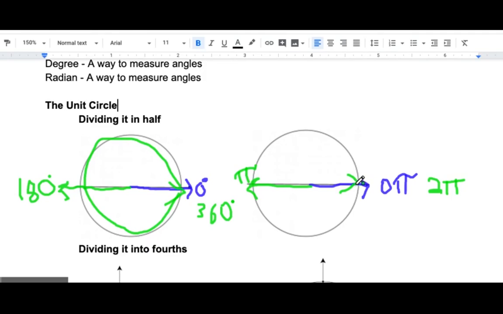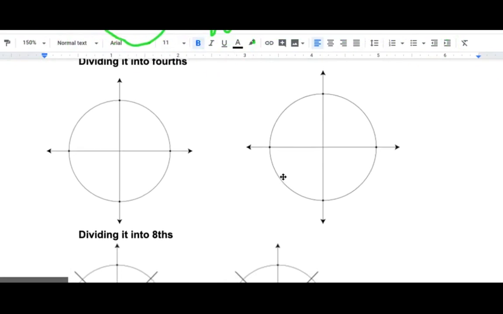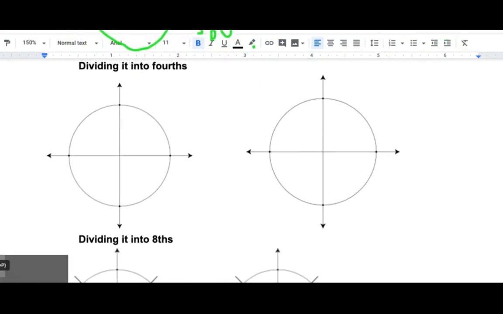However, the unit circle doesn't just get cut in half, it gets cut in a lot of ways. So if we continue to scroll down, you can see it here. Now it's being cut into 4 pieces. So I'm going to start with my 0 line. I can never make these straight. 0 degrees. Zero pi's for radians. And I'm going to fill in the ones we already did.